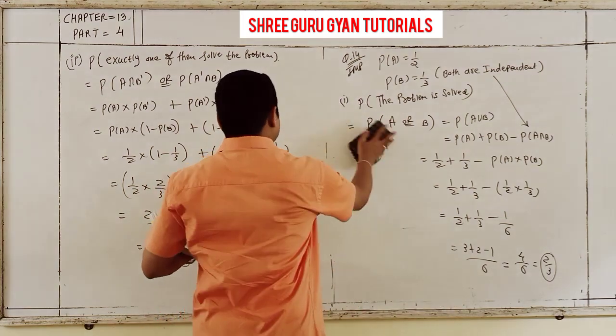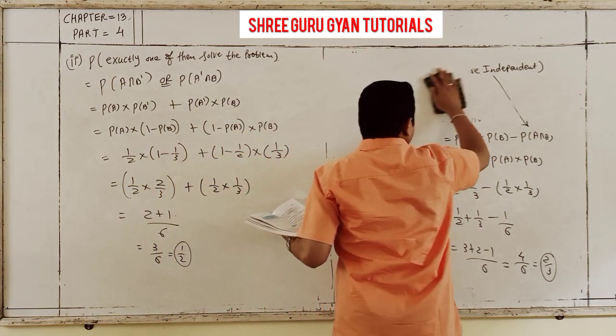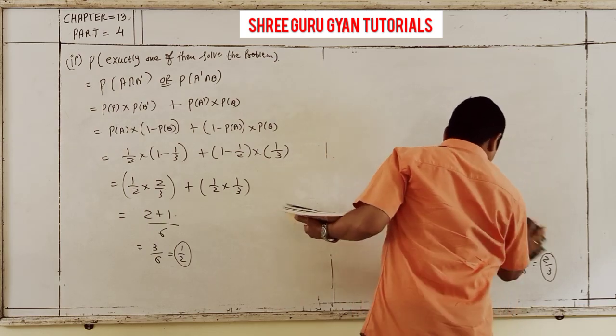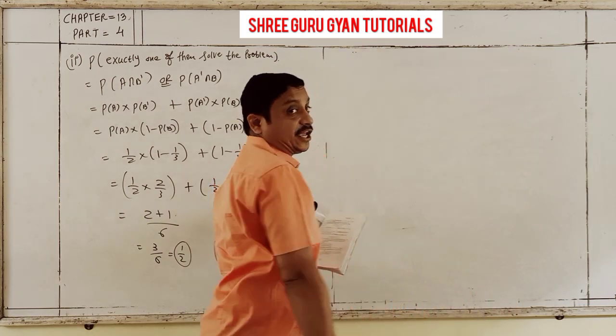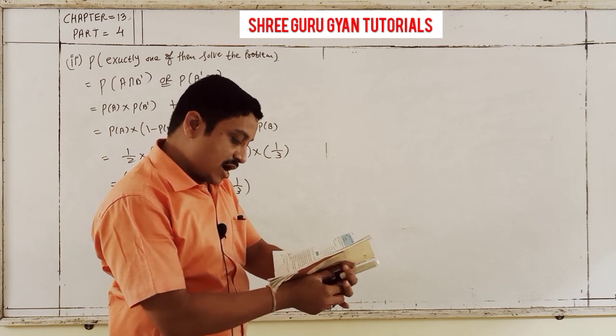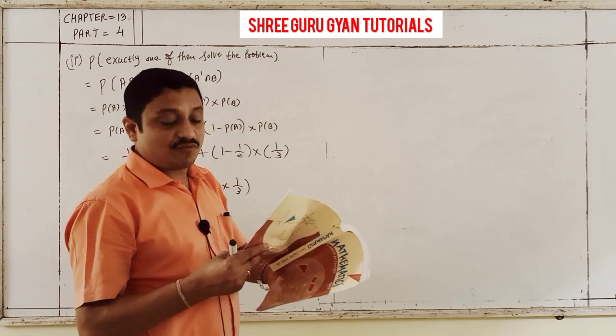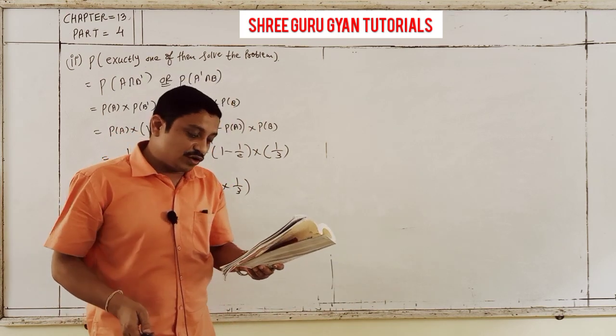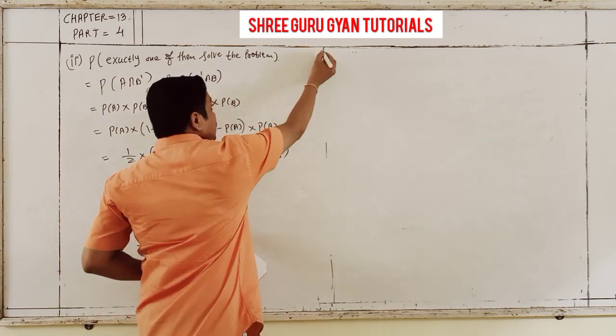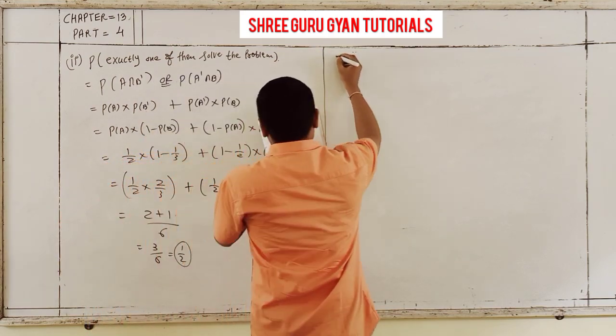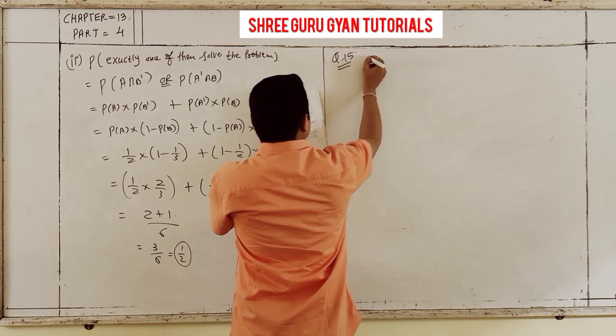Now question 15. To verify whether the given events are independent or not. Here, checking independent or not: one card is drawn from a well-shuffled pack of 52 cards. The following cases are given, and you check whether they are independent or not. Very interesting question.